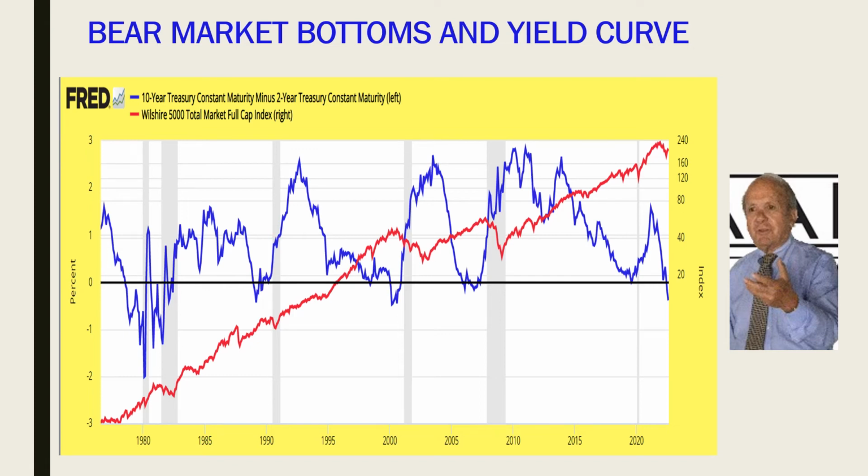In this case, the bottom of the bear market is when the yield curve is normal. Not only that, but the difference between long-term and short-term interest rates is 200 basis points, or 2 percentage points. The bottom of this bear market is the same thing.